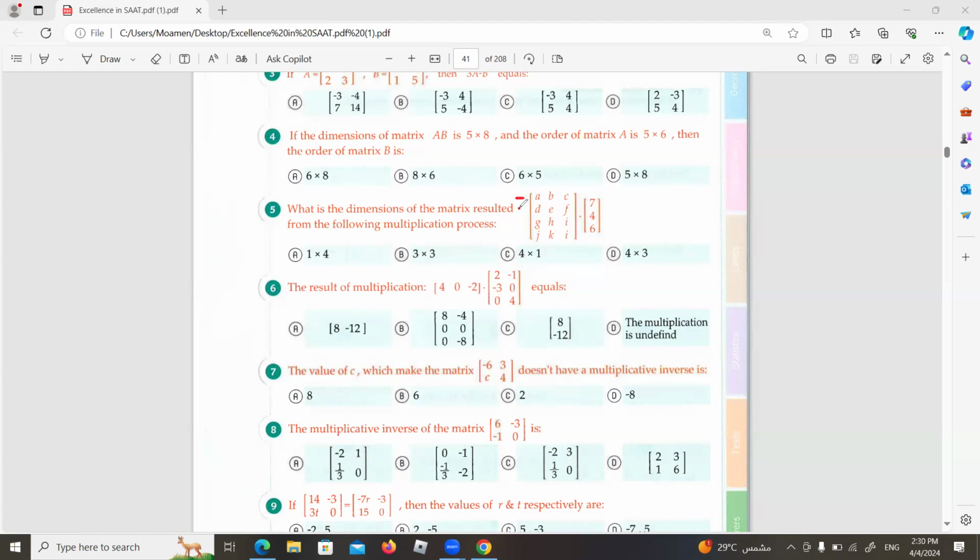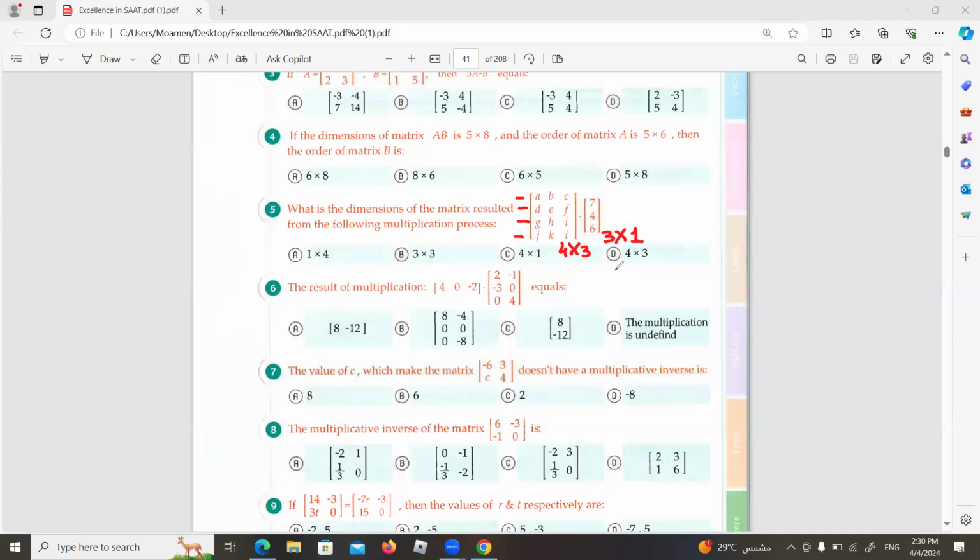I have 4 rows and 3 columns. For the second, I have 3 rows and only 1 column.